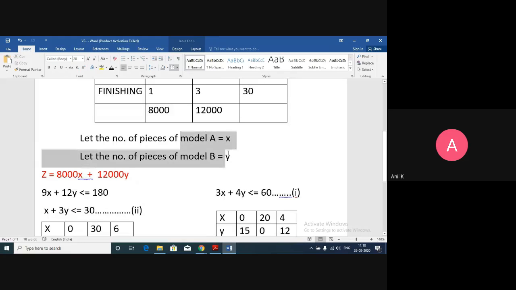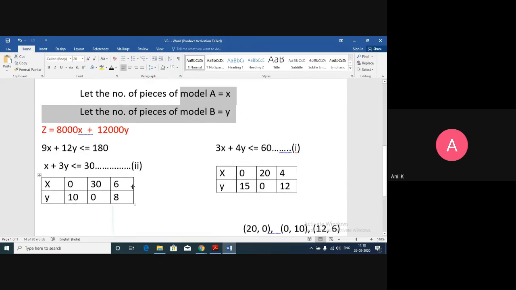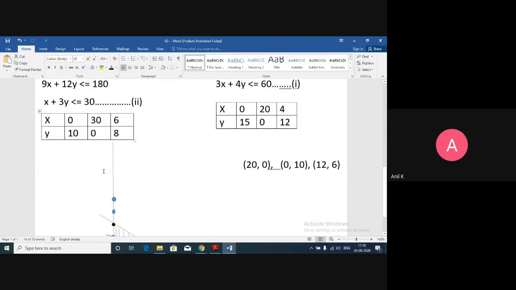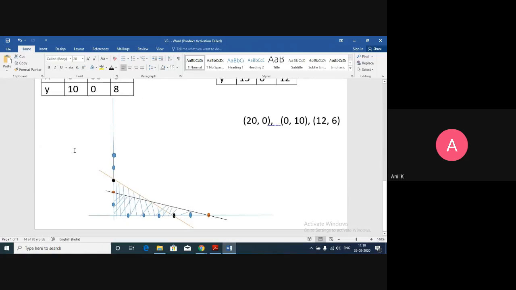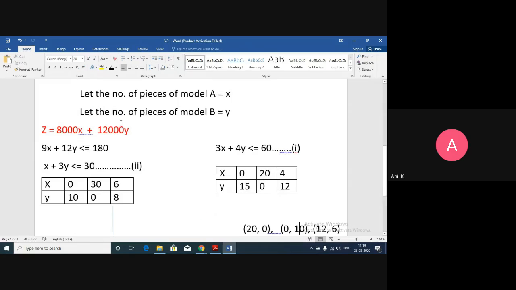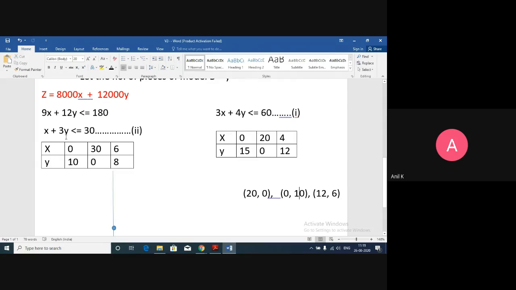Then assume the number of quantities as X and Y. Then show the equations, then the tabular form, then represent on the graph. Then shade the common portion, then get the points. After getting the points, substitute these points in the equation Z and get the value. So this complete question will be for 6 marks.